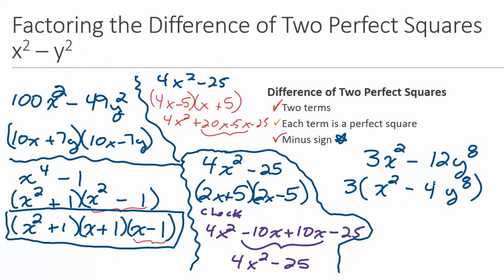Because 4 is a perfect square, 2 times 2. X squared is x times x, and y to the 8th is y to the 4th times y to the 4th. Okay, so we break this down. X times x is x squared. 2y to the 4th times 2y to the 4th is 4y to the 8th.